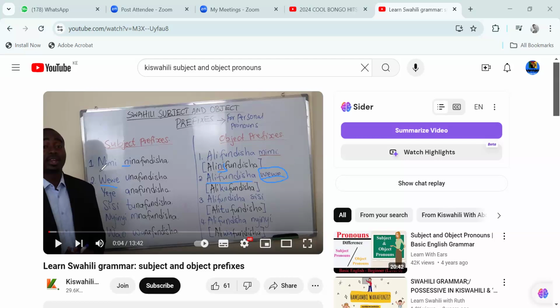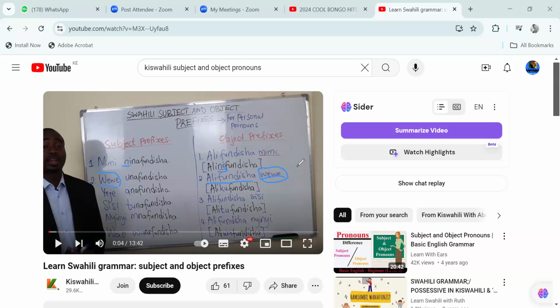Here, you is the first part of the sentence. So you here is the subject, wewe unafundisha. You are teaching. So the teaching is done by you. So you is the subject in this one. But here, alifundisha wewe, which means he taught you. So you here becomes the object that was taught. Is the receiver of the action here.